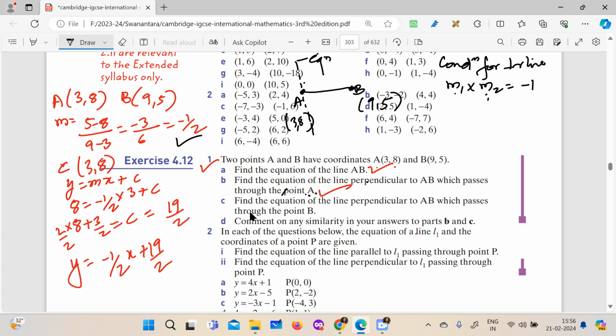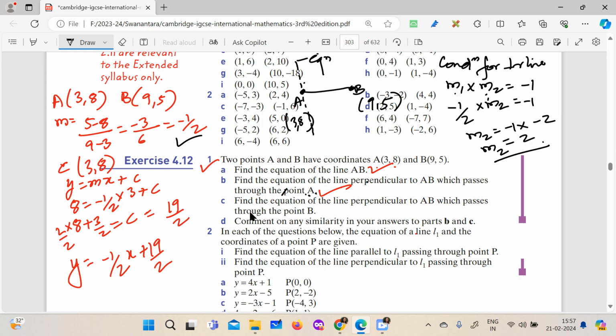I substitute the value of m1, that is minus 1 over 2 times m2 is equal to minus 1. So m2 will be minus 1 times minus 2, which gives m2 as 2. Is this clear? Yes. Now we have the value of m for this perpendicular line.